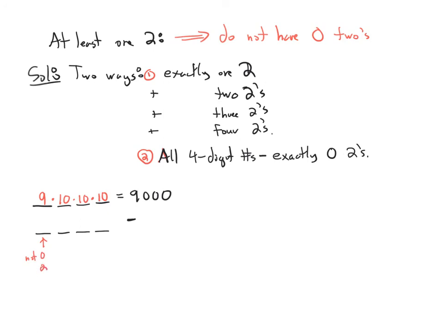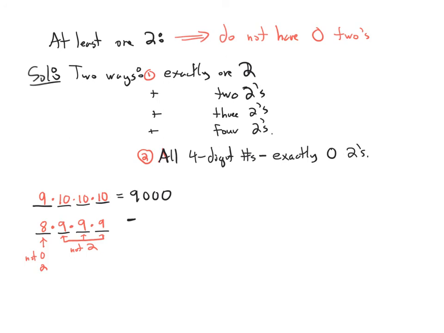So there are 8 choices left. So there's 8 choices for the first digit. And for the second, third, and fourth, you're just not allowed to have a 2 here because we don't want any 2s in this number. So there's 9 choices for the second, 9 choices for the third, and 9 choices for the fourth. So we have this many numbers with 0 2s.